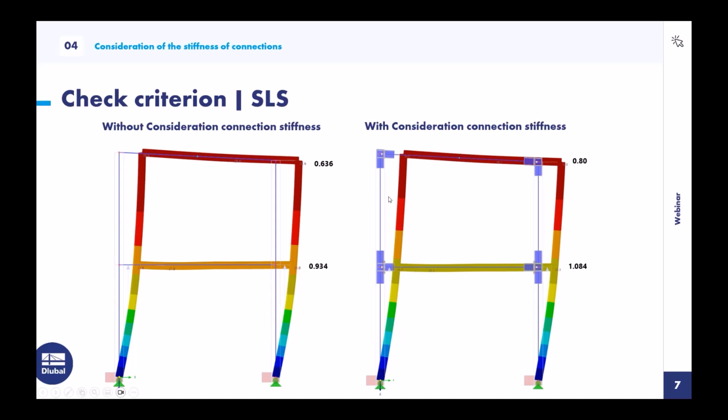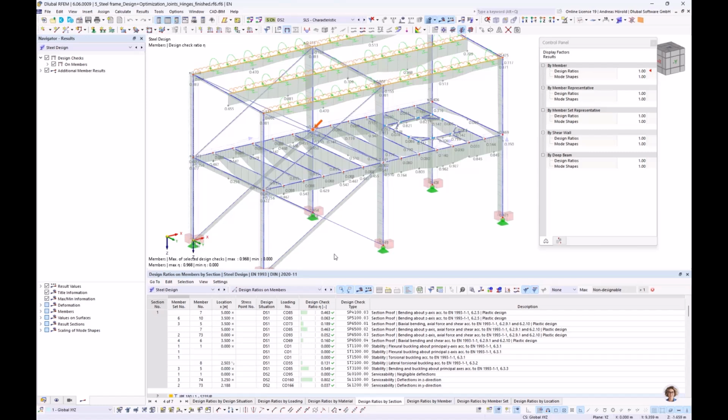You can increase the members, or you can say, okay, that's not much higher than 100%. That's up to you. But what I would like to show you is that there are differences if you consider or do not consider the stiffness of the connections. So let's turn back to the program.